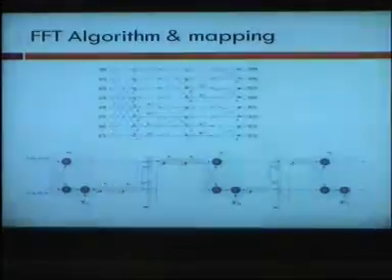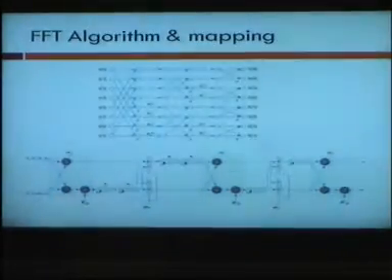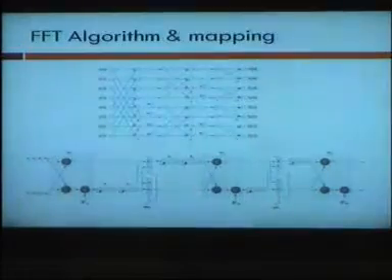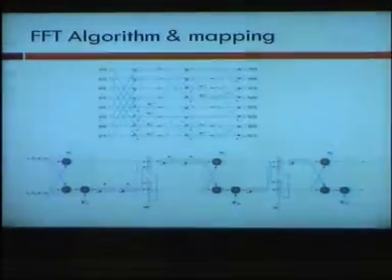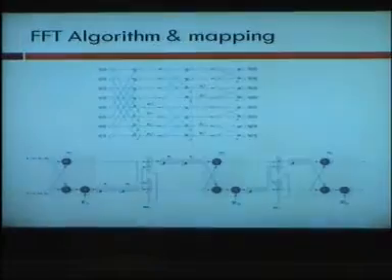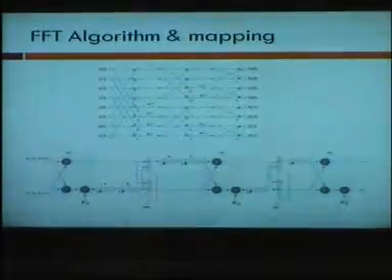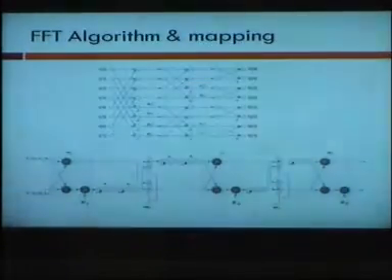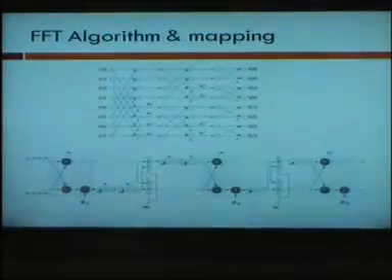Then there are multimedia, image processing, pattern recognition, neural networks, and you just name it. There's a host of applications. Sometimes we like drawing an application as a flow graph, especially in signal processing, FFT, DCT. There are several algorithms which are best explained by drawing them as a flow graph. And a flow graph is not an architecture.